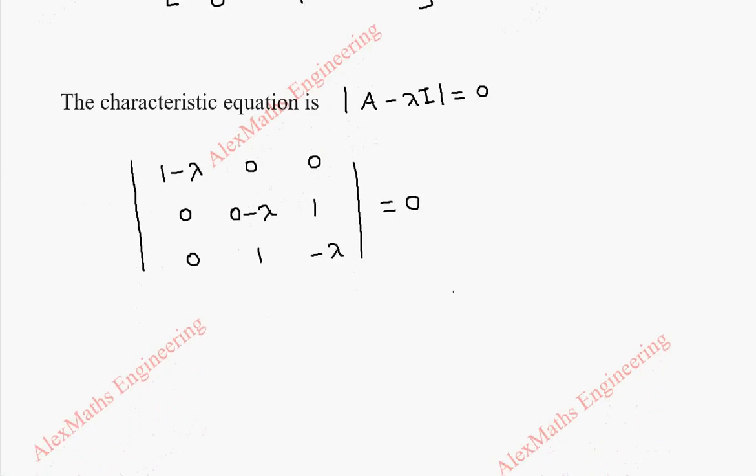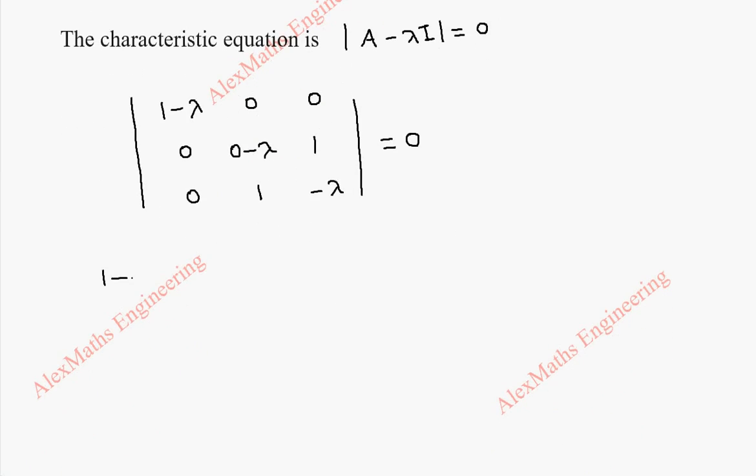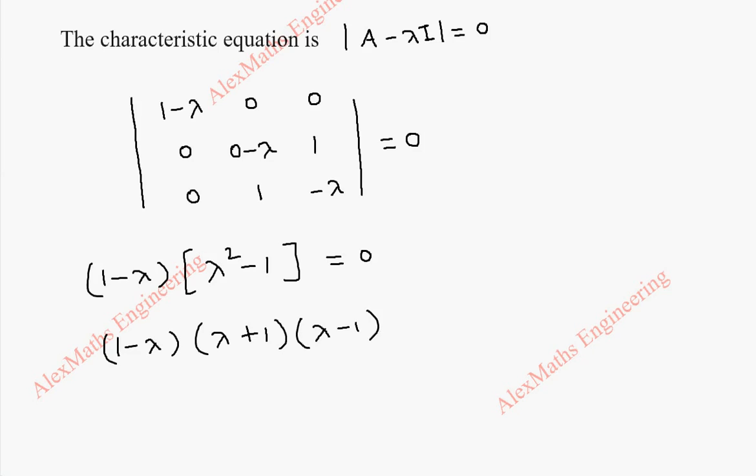Now we are going to expand this determinant. So we take the first element into the product of this, which will be lambda square minus 1, and the rest of the terms are 0. So totally this is 1 minus lambda into lambda plus 1 into lambda minus 1 equal to 0. We have three factors, so the values of lambda are 1, minus 1 and 1. Let's rearrange this. So the lambda values are minus 1, 1 and 1.